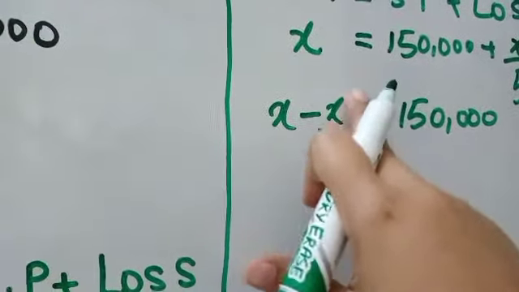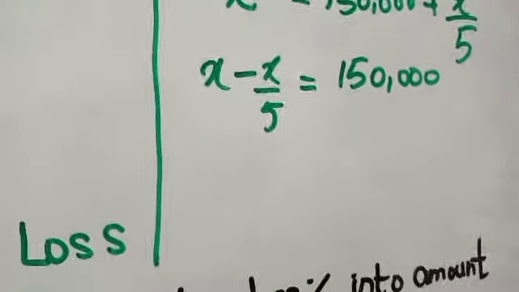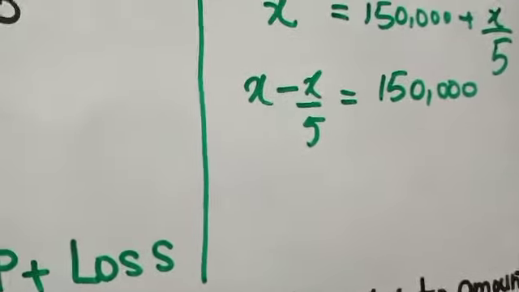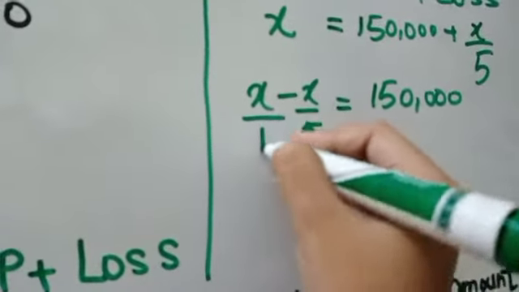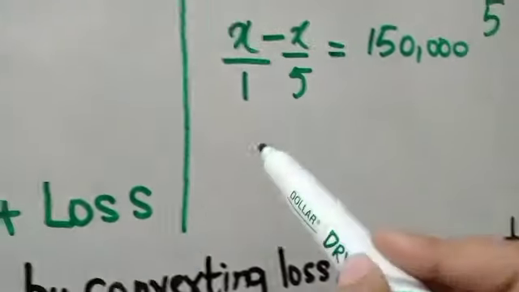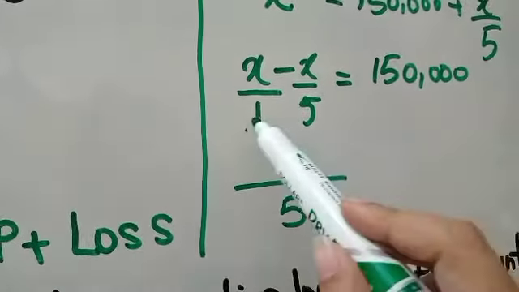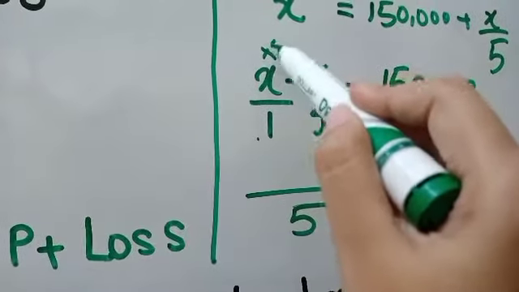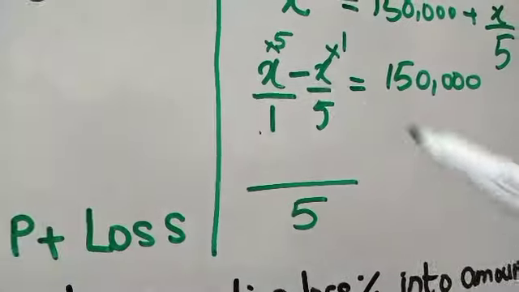Now I have to calculate the value of X. When I calculate the value of X, definitely I will come to know cost price, because X is equal to cost price. So this is in denominator, there is 1. Whenever there is plus or minus in between, I take LCM. 1 and 5 LCM is 5. 5 goes in 1 times table, how many times? 5 times. 5 goes in 5 times table 1 times.